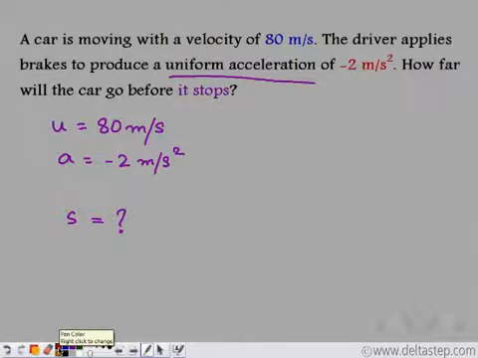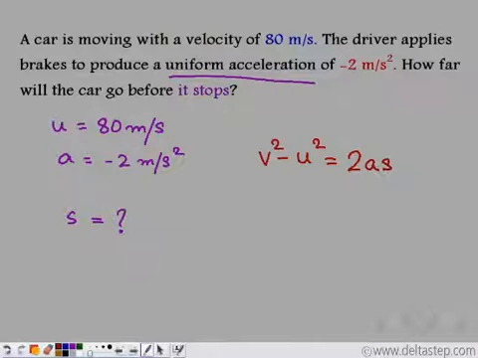What is the third equation of motion? It says V square minus U square is equal to 2AS. So we have U here, we have A here, we need to find S. What about V? V is not given anywhere in the question. Read the question carefully.